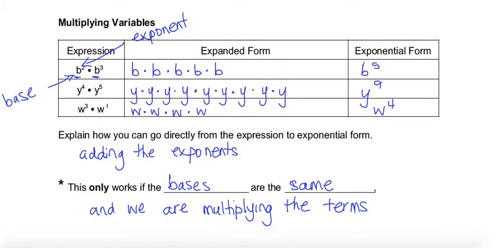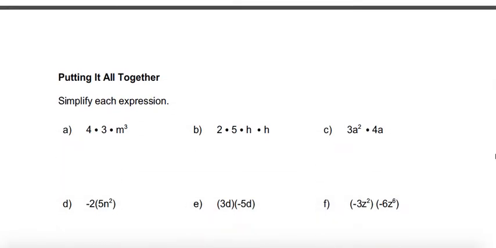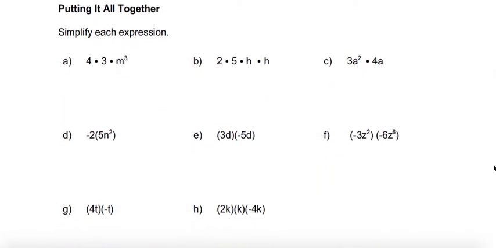So now that we've taken a look at multiplying variables, let's put this all together. So we're going to simplify each of these expressions. In order to simplify expressions, I want to look at the numbers or the coefficients in my question, sometimes referred to as a constant. And I also want to look at my variables. So I want to multiply my numbers together.